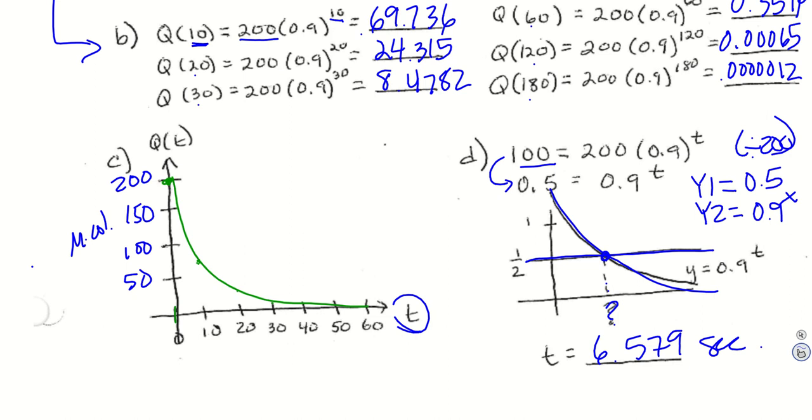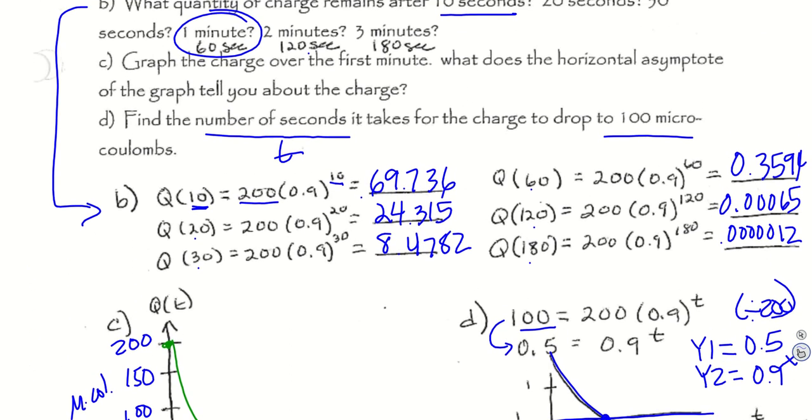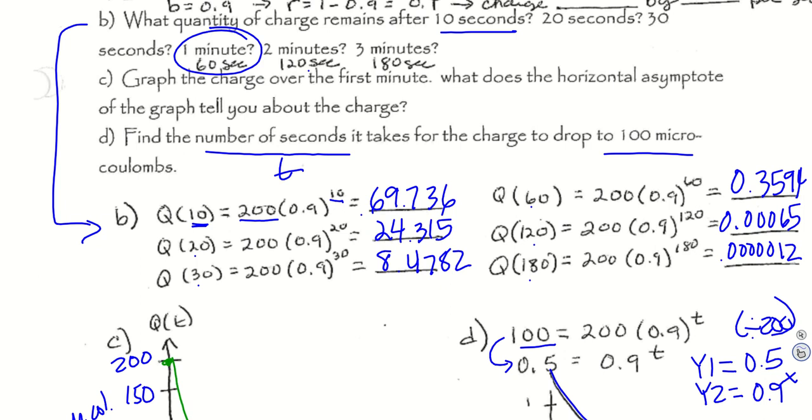Oh, there's one other question I didn't answer. Let me go back to that. In C, we were to graph the charge, and we were supposed to answer the question, what does the horizontal asymptote of the graph tell you about the charge?